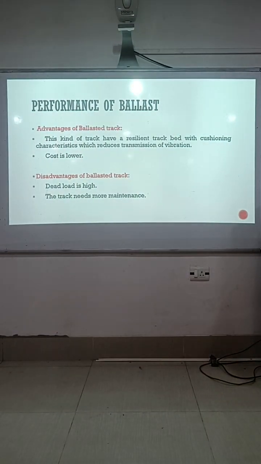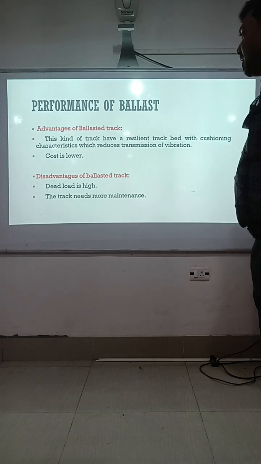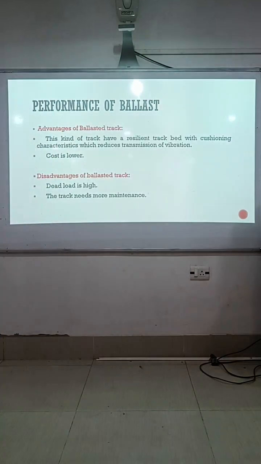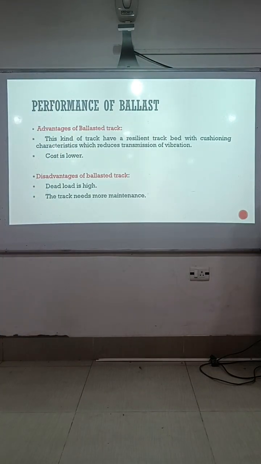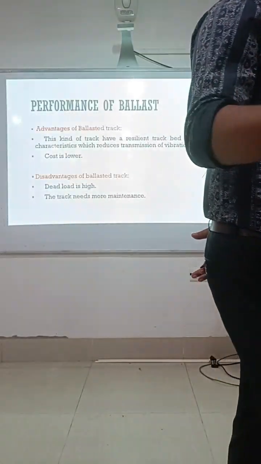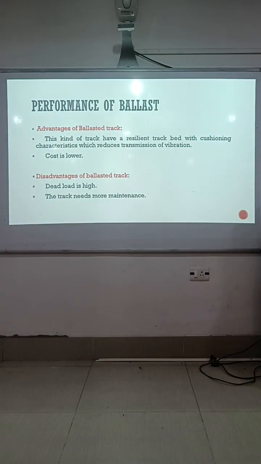That is the performance of ballast. What is the performance of ballast, or what is the requirement of ballast? Ballast, that is the large size stone chip, the same kind of ballast you may see in the railway tracks also. Those ballasts are provided to give cushioning characteristics for the tracks.